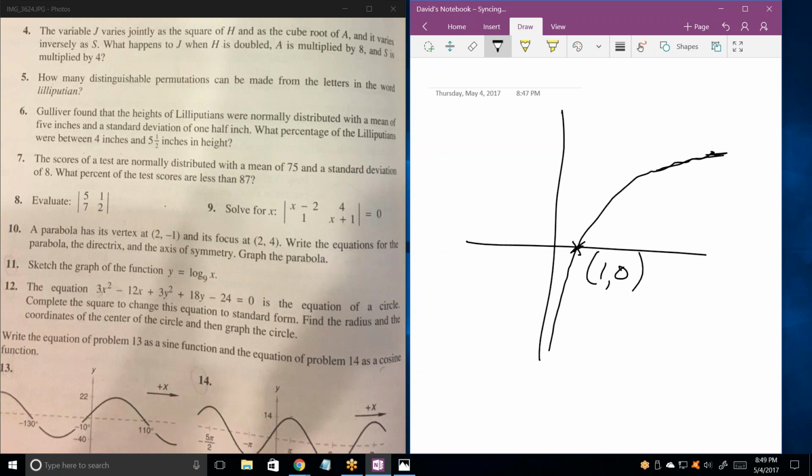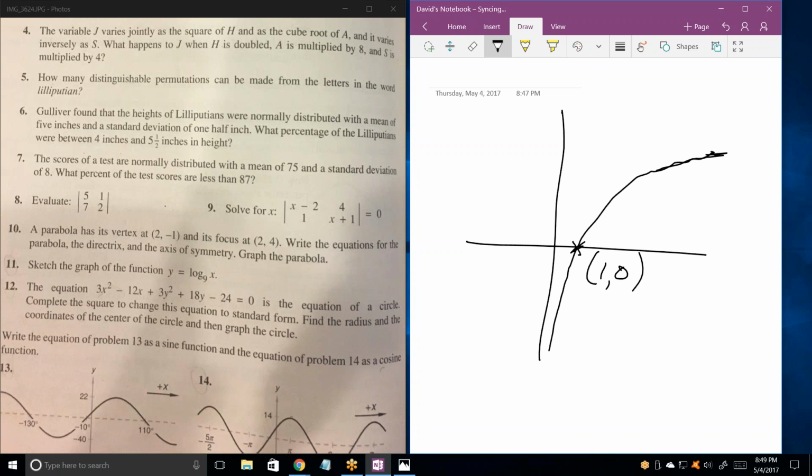So this curve, log base 9 of x, is going to look just like most every log equation or log curve. If I just drew a log curve and gave only one point and didn't label the grid, you wouldn't know what it was. You'd say that's a log curve, but I don't know what base.